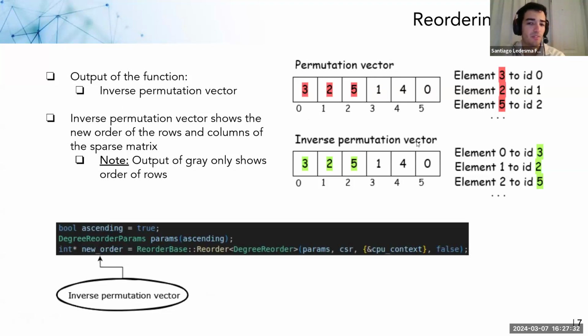The inverse permutation vector, which is the one that we output, is the same, but inverted. So instead of the elements representing the columns and the rows, it's the index. So here, row and column 0 go to position 3, row and column 1 go to position 2, and so on and so on. And this is a way to codify the new permutation of our matrix.